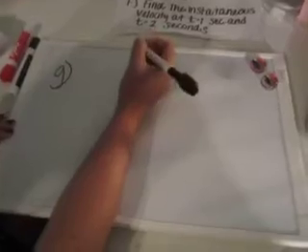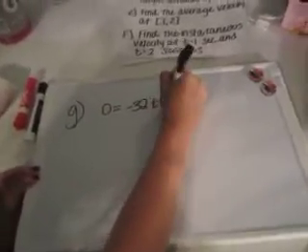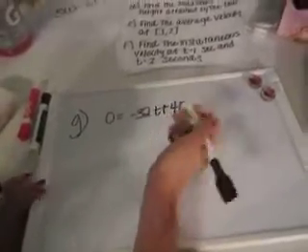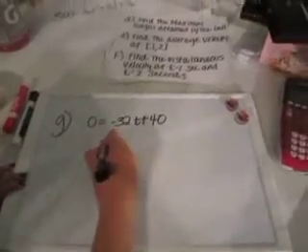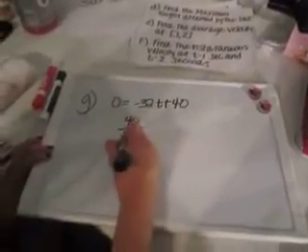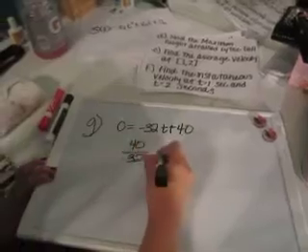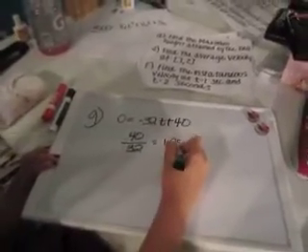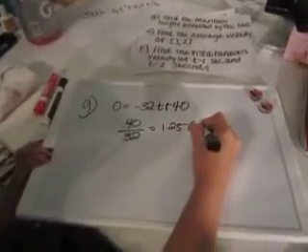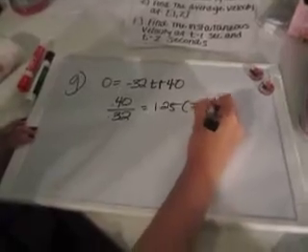Now, when will the ball hit the ground? We're going to use the position function again and solve for t. This will give us 125, and then we'll multiply that by 75.